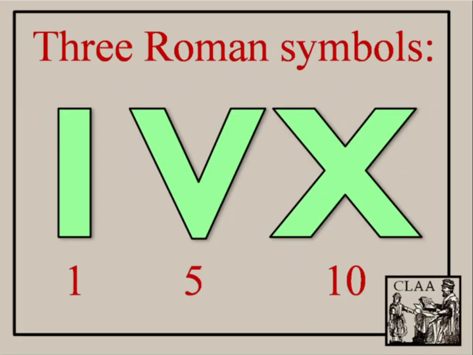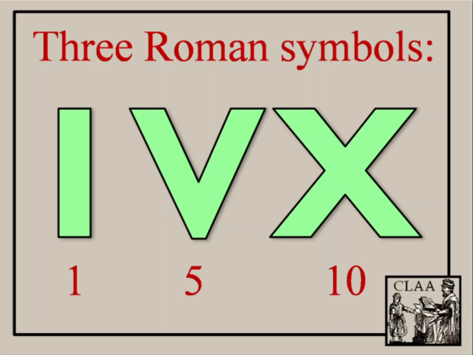In English, we learned that there are 9 different symbols used for numbers. 1, 2, 3, 4, 5, 6, 7, 8, and 9. We also learned about the number 0. In Latin, there are 3 basic symbols that we've learned so far.